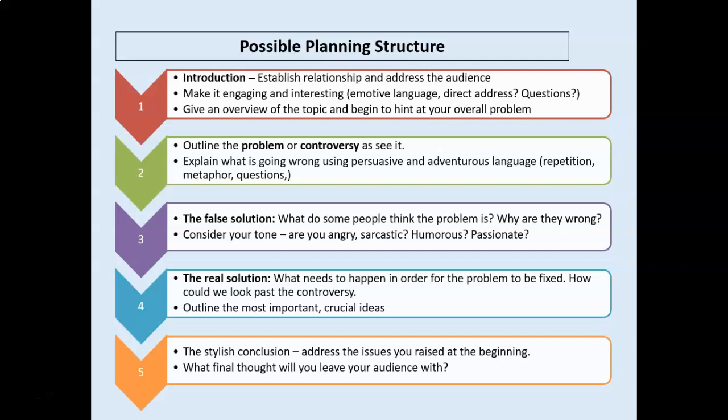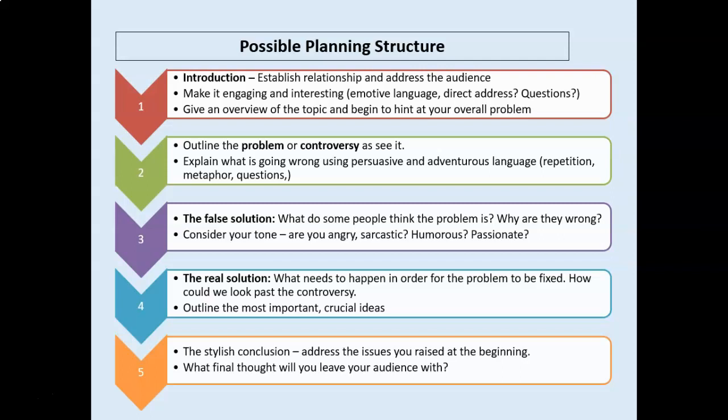And you can explain why this is wrong or misguided. Section or paragraph 4, the real solution. This is where you outline the most important, crucial ideas about fixing this problem, whether it's schools, government, facilities, food. How are we going to solve this issue?